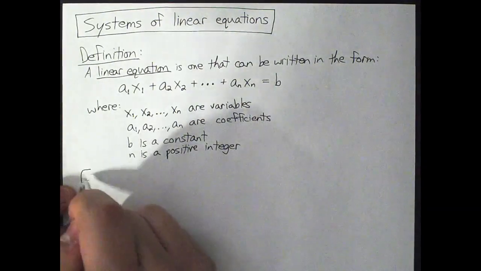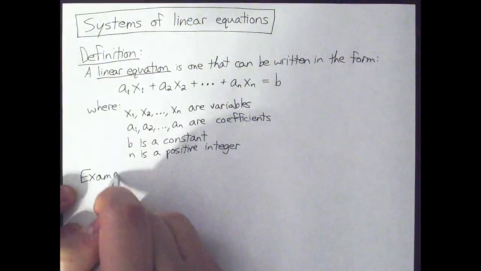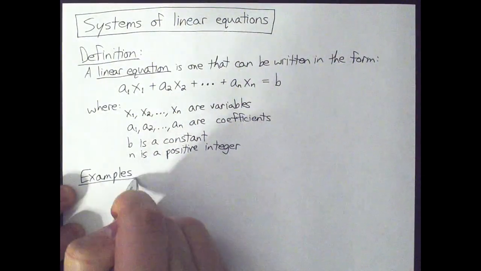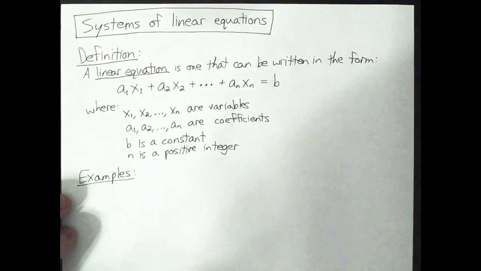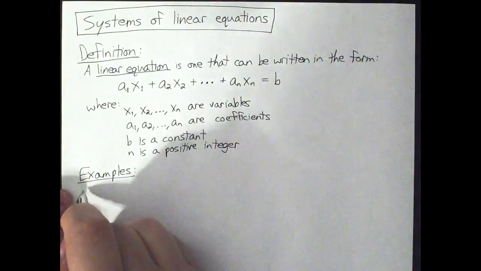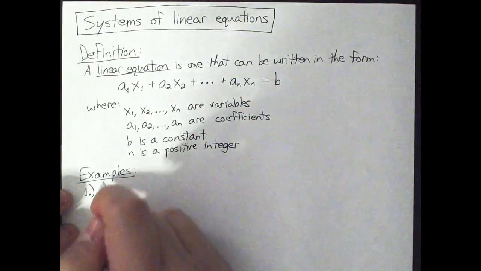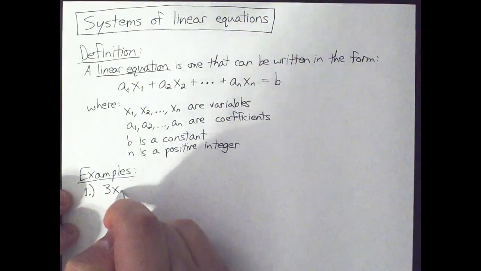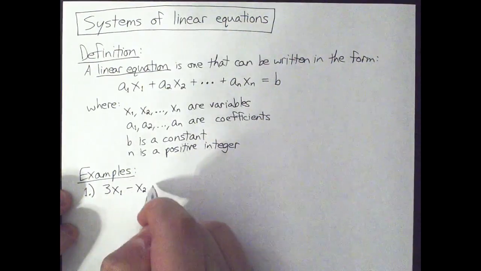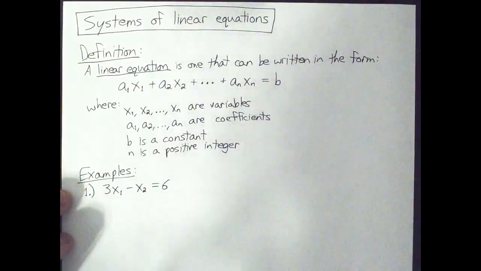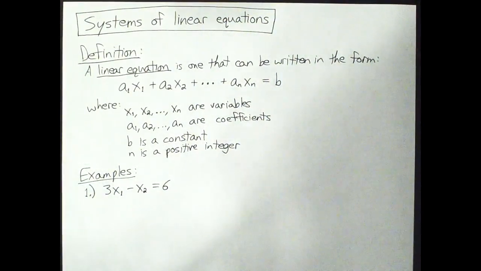So first of all, I just want to give some quick examples of linear equations because we've seen them, and let's see a few more, and let's remind ourselves what they look like. So for example, 3x1 minus x2 equals 6. That is a linear equation. We're not going to worry about solving it right now or anything like that.